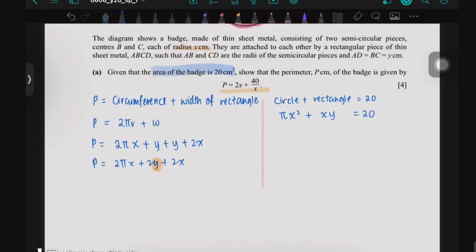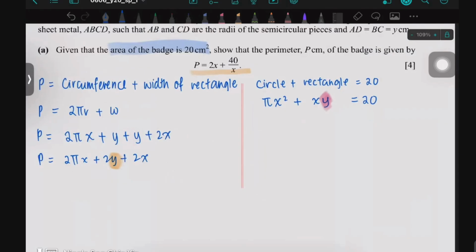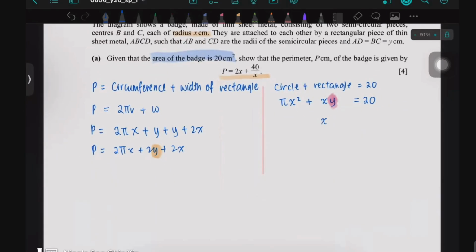Because I'm going to find out what my y is. So I will let y be the subject. xy equals 20 minus pi x squared, so y equals 20 minus pi x squared over x.